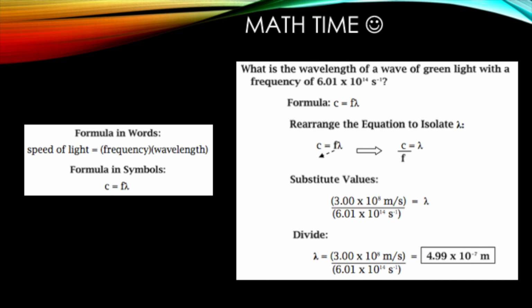Basically, if a problem gives you the wavelength and asks for the frequency, or gives you the frequency and asks for the wavelength, this is the formula you're going to use. Look at the example problem. It's really self-explanatory. All you're doing is dividing that speed of light, which is c, by the frequency, which is f, to find the wavelength by itself, which is wavelength, that weird upside down y. So this is just worked out for you to give you an example of what's going on.